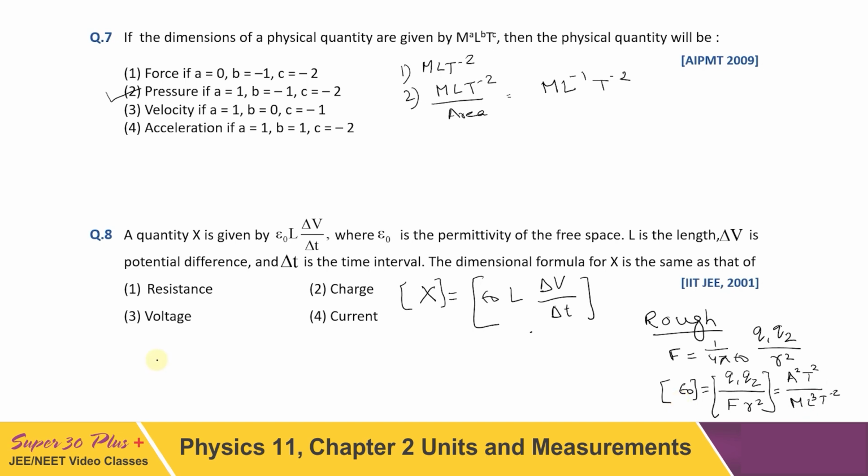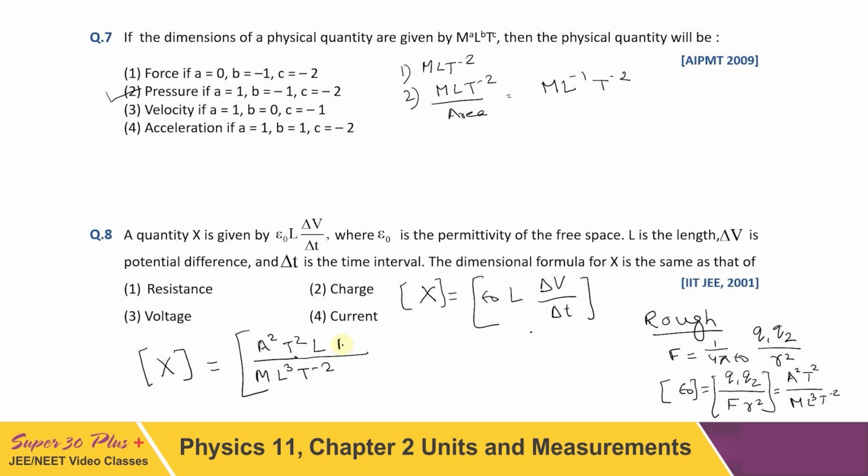Now substitute here the value in the expression for x, that would be A^2T^2 upon ML^3T^-2. Then one length term is there, so L in the numerator. Delta V. Delta V is potential difference, and potential difference can be written as energy upon charge.